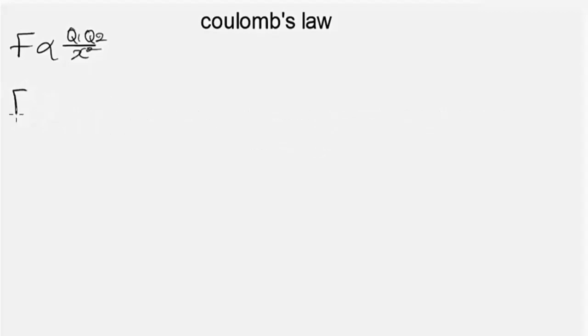Perhaps we have that F varies as m1 m2 over r squared, where r is the distance between them.